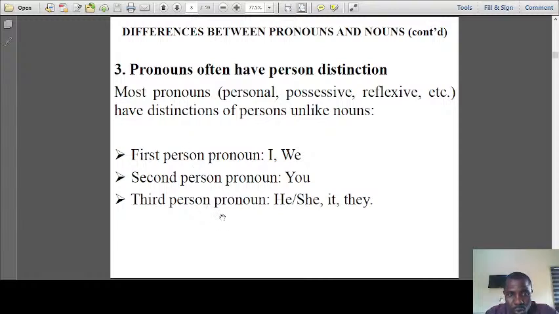So if there are 3 Johns in the discussion, and the first John, who is the speaker, is the one talking now and says, for instance, John, call John for me. The speaker now is talking to John. The first one that is speaking is John.